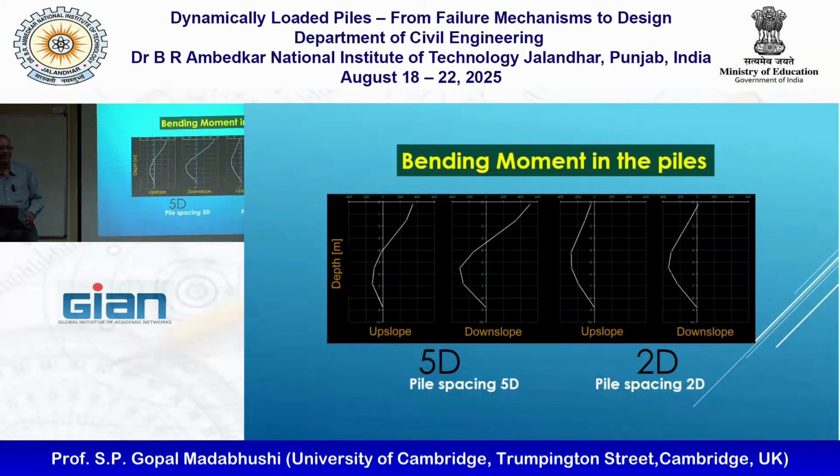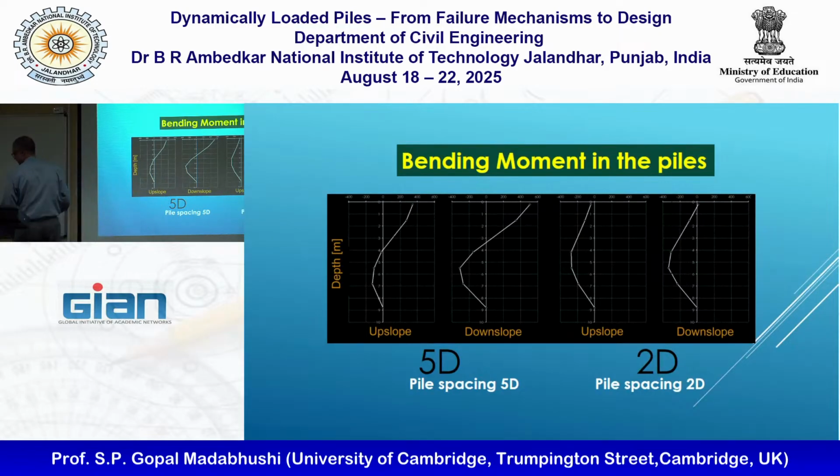But really, we are trying to answer a design problem, right? So here the piles are also gauged with strain gauges, so we can measure the bending moment. So I got 5D spacing and 2D spacing, and this is the upslope pile and that is the downslope pile, right?